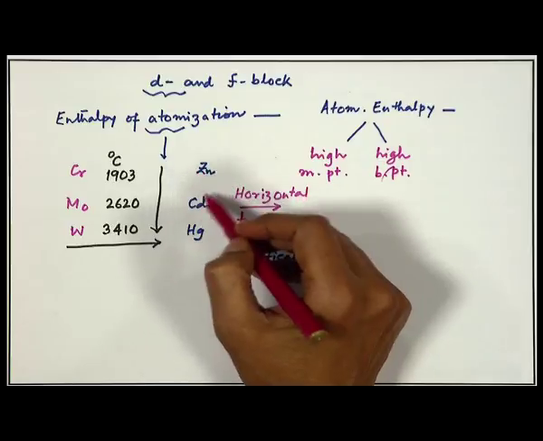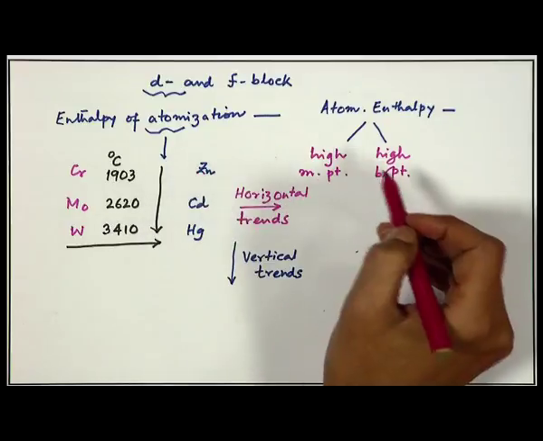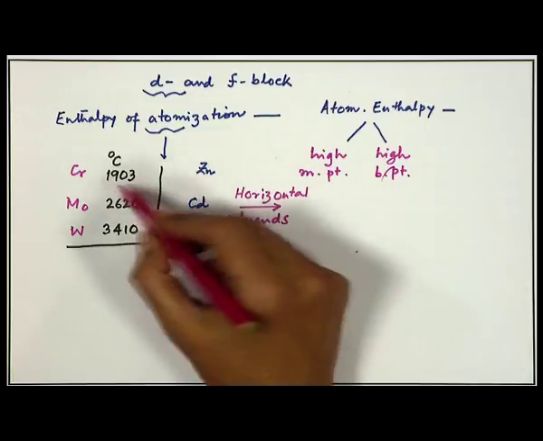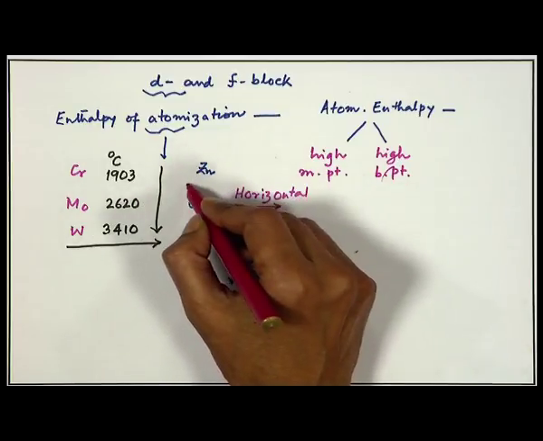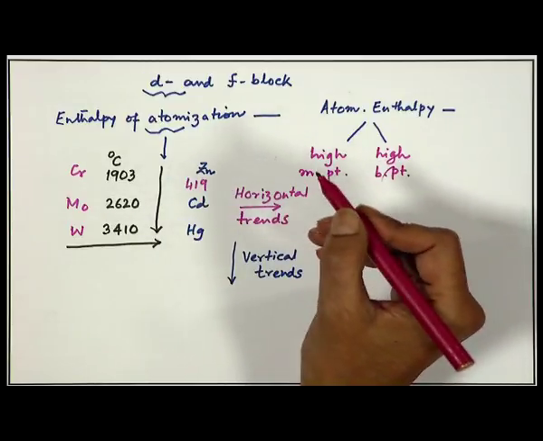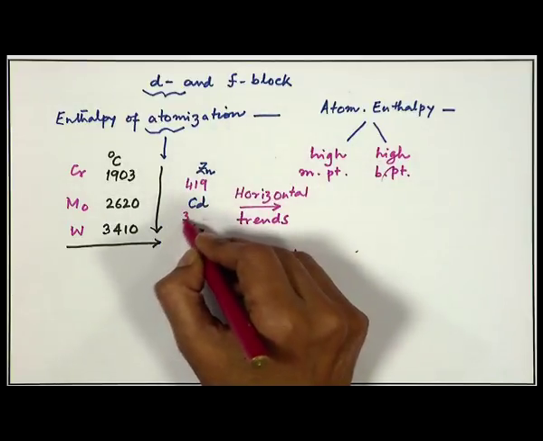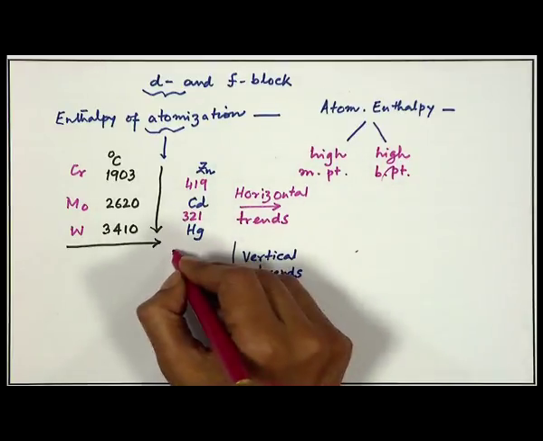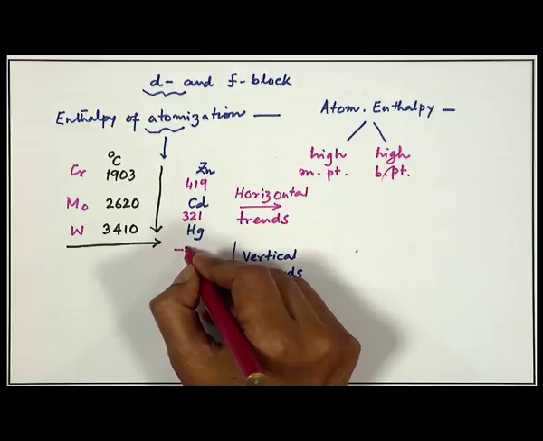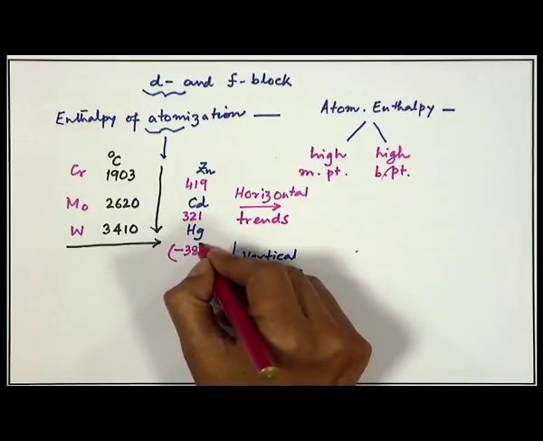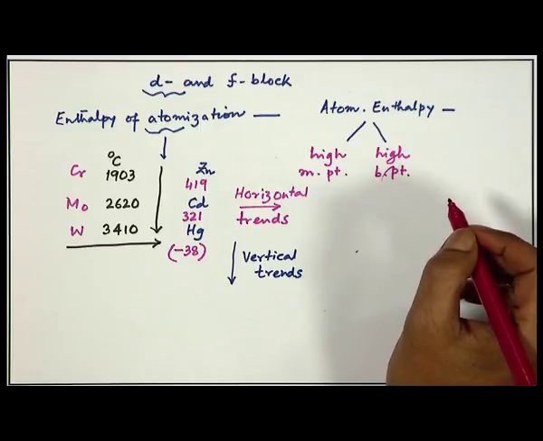So, zinc, cadmium, mercury will not fall in this particular trend. They will have correspondingly very low melting points. Zinc will have 419 degree centigrade melting point, cadmium will have 321 degree centigrade, and mercury, we all know, is liquid. It is minus 38 degree centigrade.